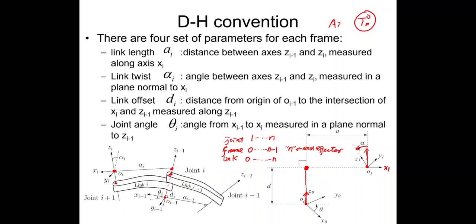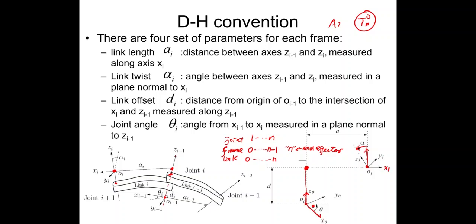And the joint angle theta i means the angle from xi minus 1 to xi, okay? In this figure, it is clear to see the angle theta i, from x0 to x1.